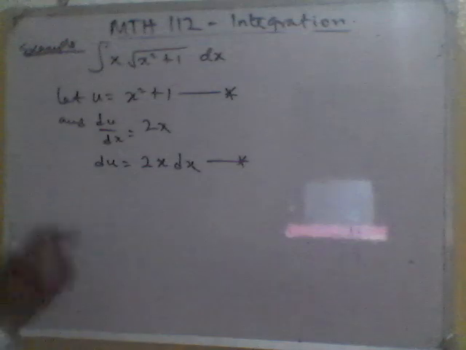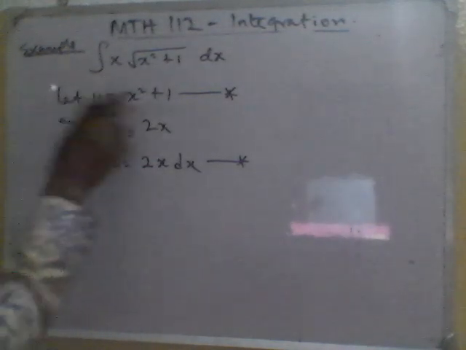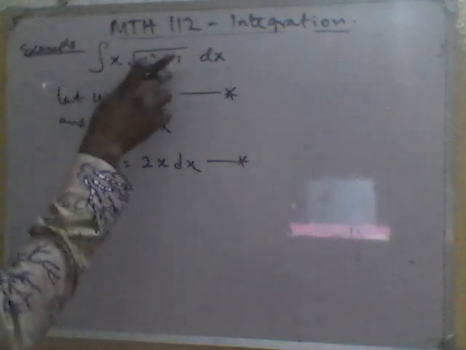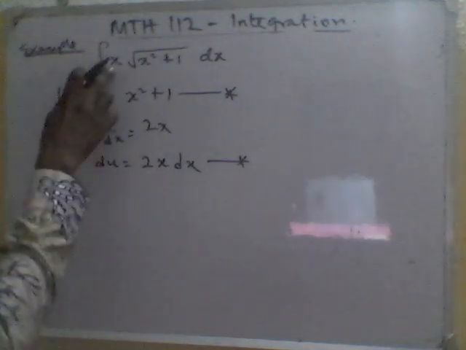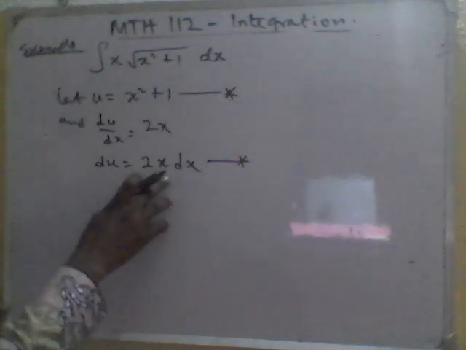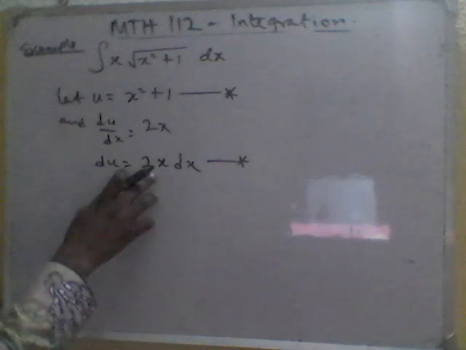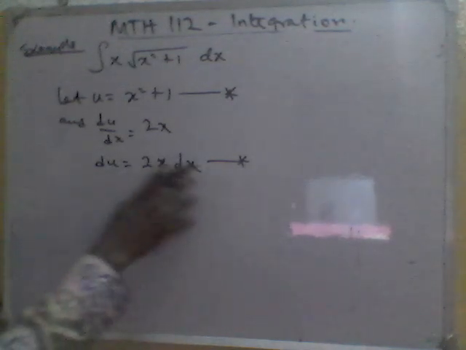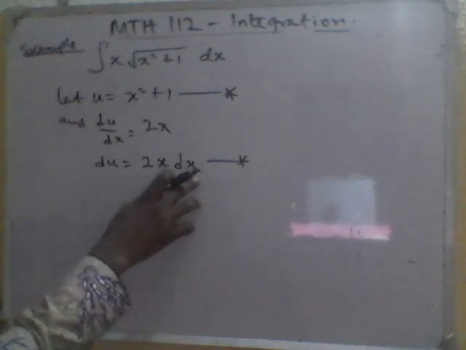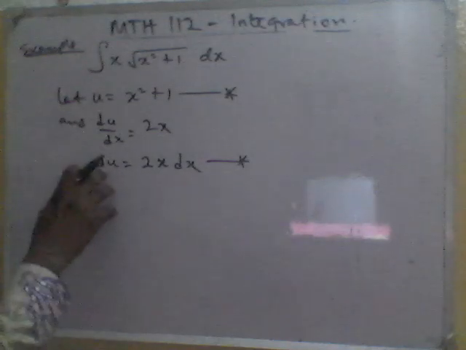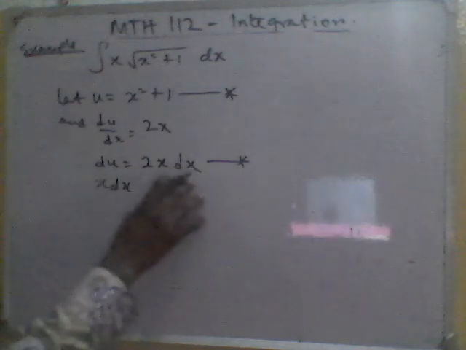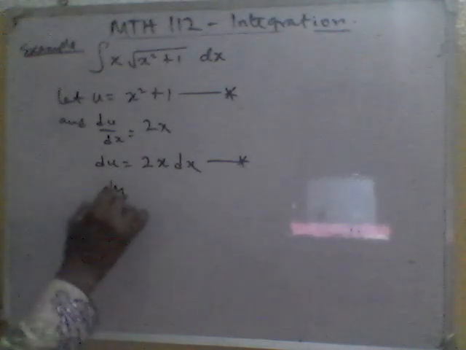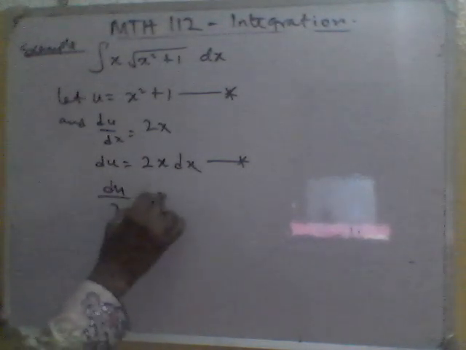Now, if you watch this closely, u can take this one here. But I have an x outside, so I can express this x dx in terms of du and 2. From here, du over 2 is equal to x dx.